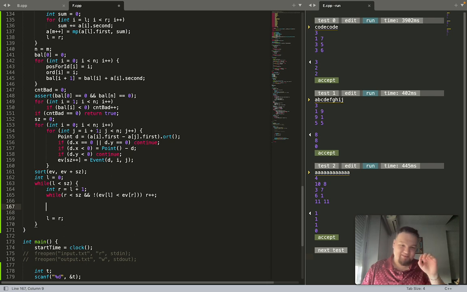So I cannot create a new DSU. If I use one DSU and then clear all the positions that were changed, that would be fine. It's possible to use something simpler.